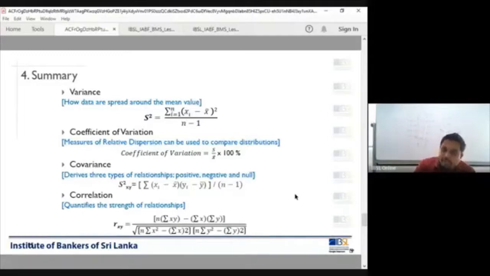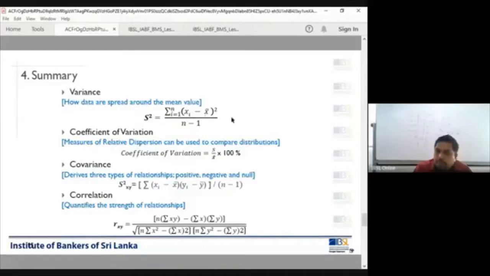Before we wind up the class, I really want you to focus a little bit here and identify these equations one more time. And in the blue color, what I have given is the glimpse or the highlight of those statistical indicators and their usage. Okay, let's take a moment. Variance, again, I reiterate, is how data are spread around the mean value.